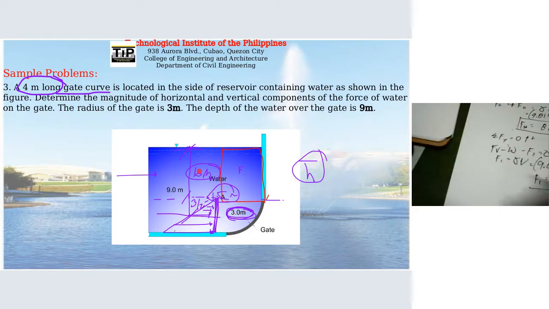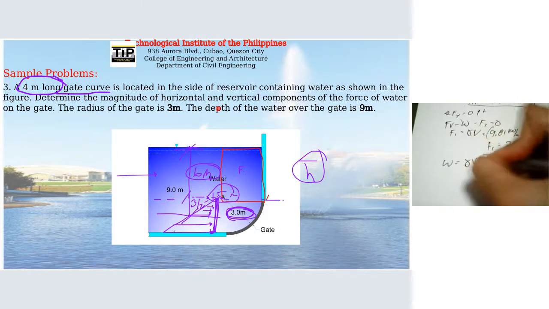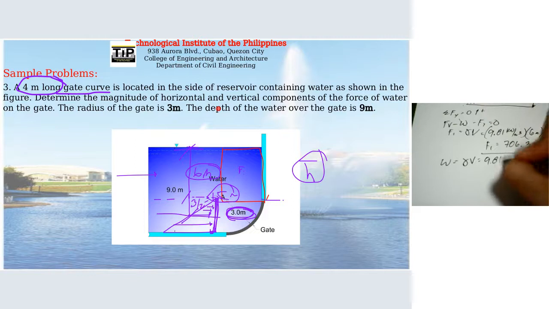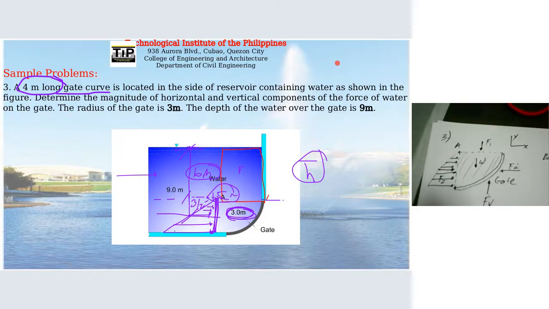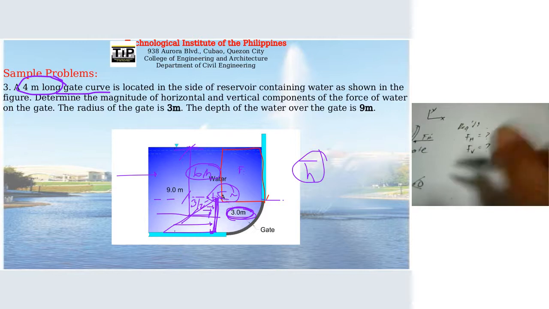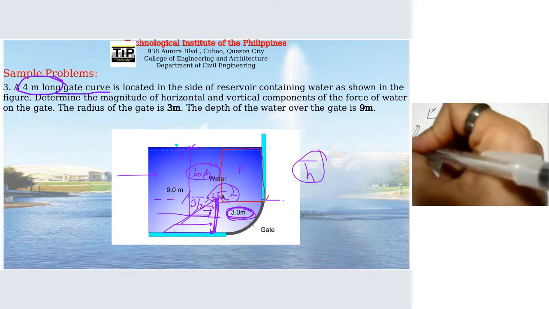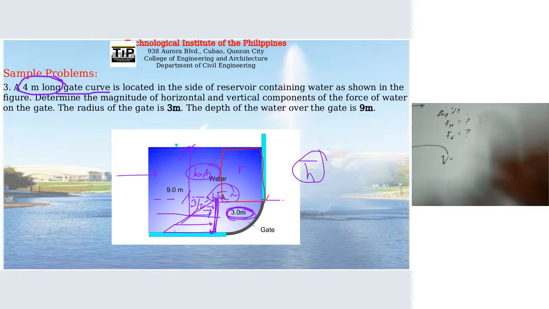What about W? So W again is the weight of the water that is in the shape of this quarter circle. We need to determine the volume of that. So unit weight of water is again 9.81 kilonewton per meter cube. And then the volume, so volume of this quarter circle is equal to what?